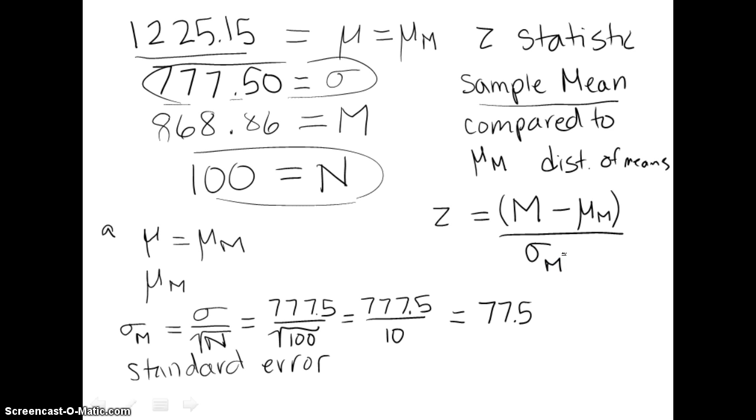If we were using a score, then we would use this formula: Z equals the score minus mu, over the standard deviation.